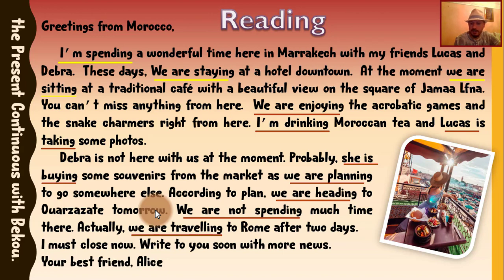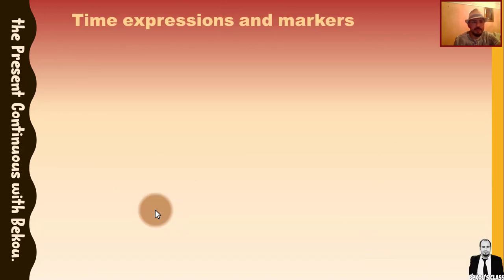Just wait a minute. Here are some of the time expressions and markers that go hand in hand with the present continuous. When we use these expressions, it means that the action is taking place now or at this moment.